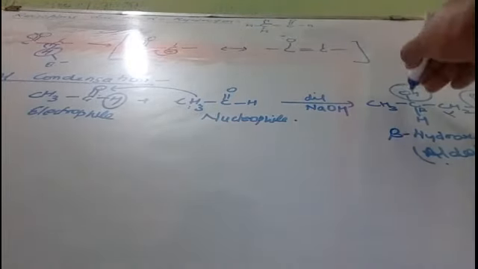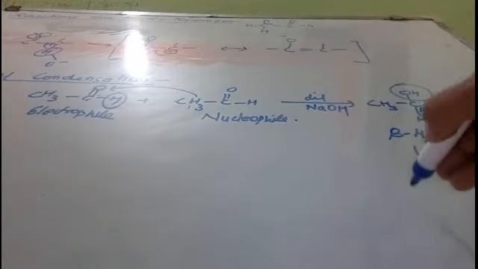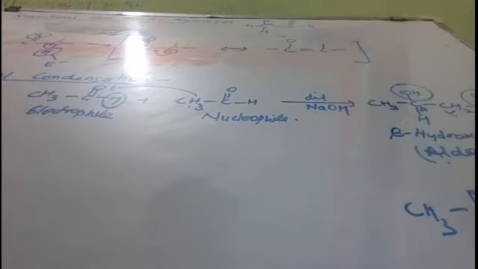Now further what happens, when it is heated, then OH from here, H from here, so water molecule is removed, and here double bond will come to make up the deficiency. This is alpha, this is beta, in between there is unsaturation.